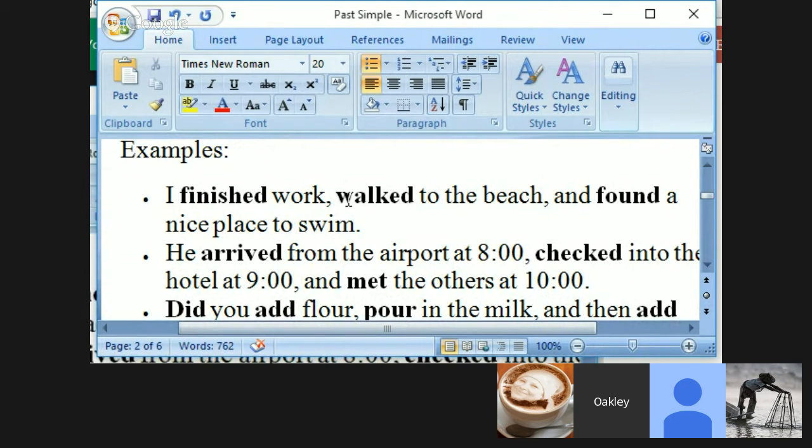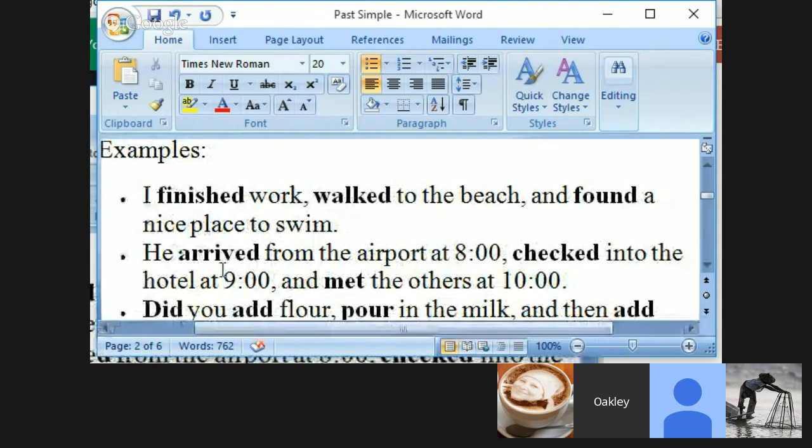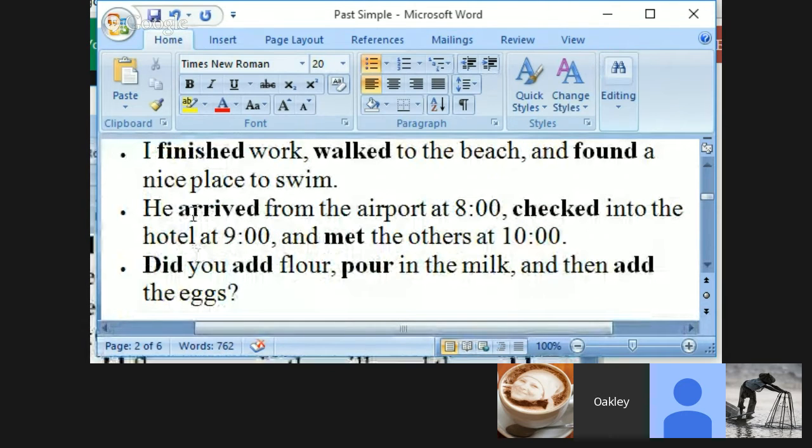Okay, could be two things, three things, four things. It doesn't really matter. We could make it very obvious the order by listing the time, such as the next example here. He arrived from the airport at 8, checked into the hotel at 9, and met the others at 10.